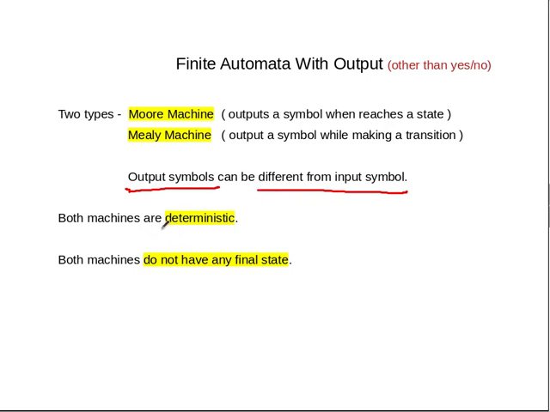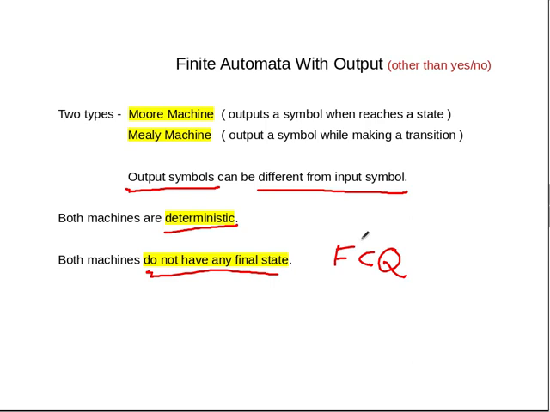So as I said, both machines are deterministic, and also there is a crucial difference: these machines do not have any set of final states. So in DFA we had this F, some set of final states which is a subset of Q, right? But why did we require this F?